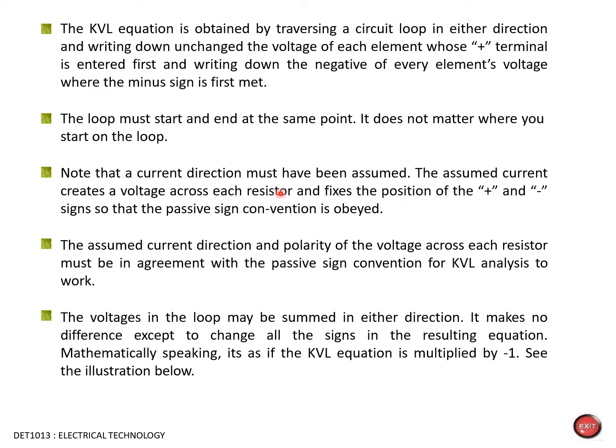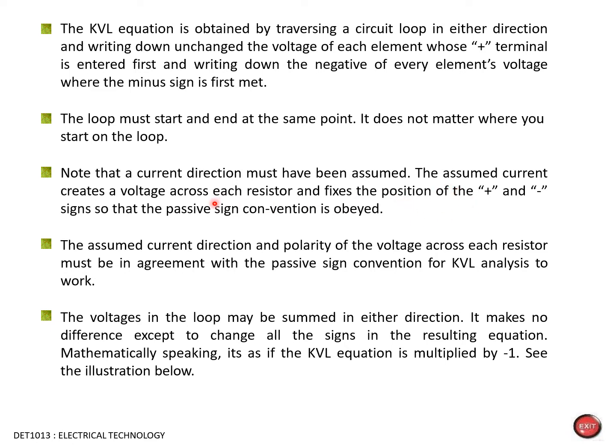When the current is moving, it creates a voltage, because current moving means charge is moving, and when the charge is moving, it creates a potential at any point. So you have to imagine that the current moving in the loop is creating voltage across each resistor and fixes the position of the positive and negative signs.